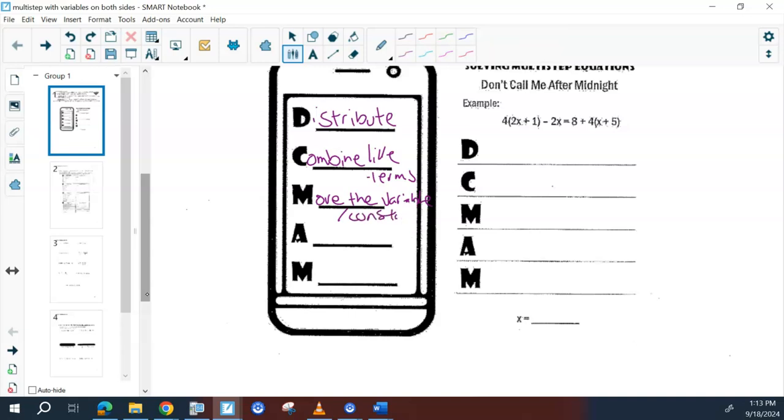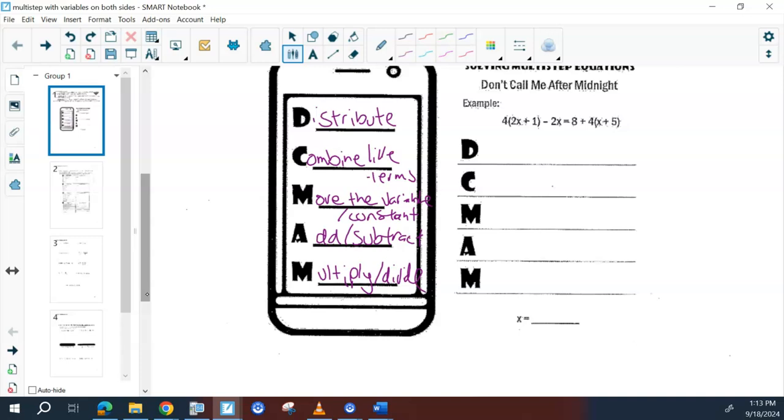By adding or subtracting, and you do this step twice. You move one by adding or subtracting, then you go back and move the other by adding or subtracting, and then you get the variable by itself by multiplying or dividing. So similar to the last steps, but a little different.